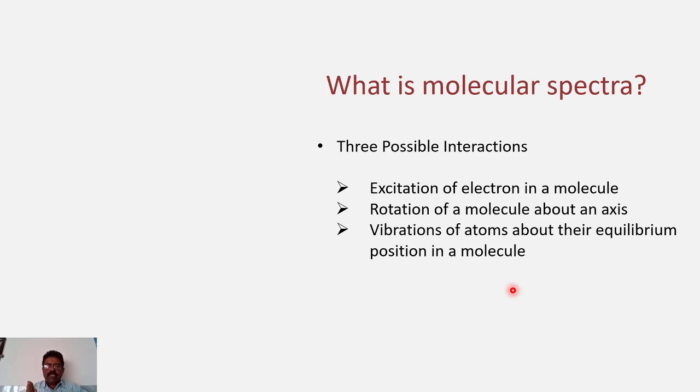If you consider the rotations of these atoms about the equilibrium position in a molecule, that will be a rotational motion. But if you consider the vibrations of the atom about their mean position, the distance between the atoms will change, and that will cause a change in the energy state of the molecule. So this is the third interaction, vibration of the atom about their mean position.